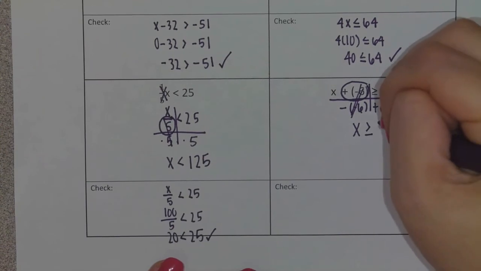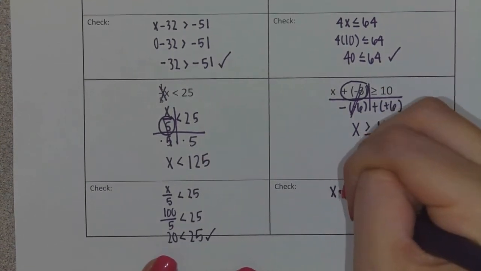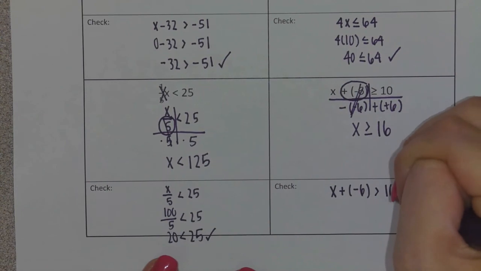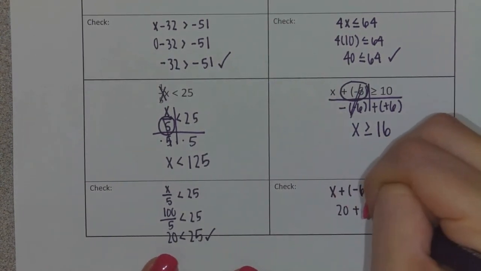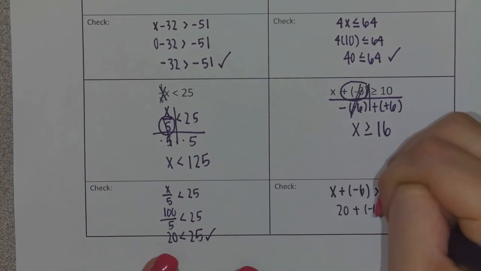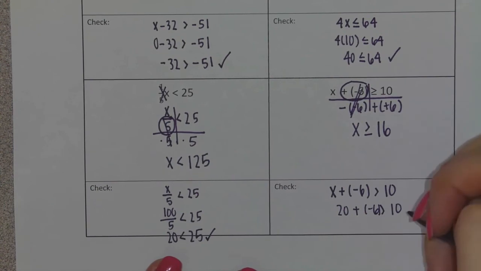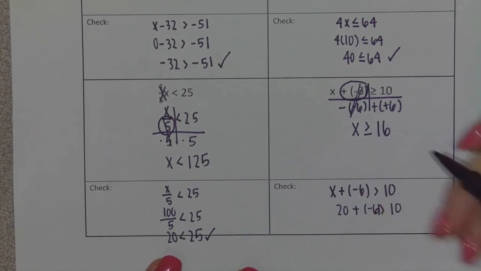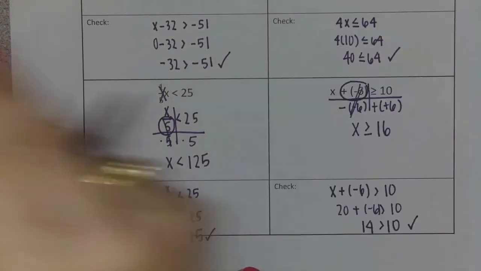So it's just 10 plus 6, which is 16. So again, I just need to pick any number that is greater than 16. So I'm going to pick the number 20. So this will be 20 plus negative 6 is greater than 10. So 20 plus negative 6, signs are different, so I subtract and keep the sign with the most. Sign with the most is positive. 20 minus 6 gives me 14, is greater than 10. Check, that is correct.